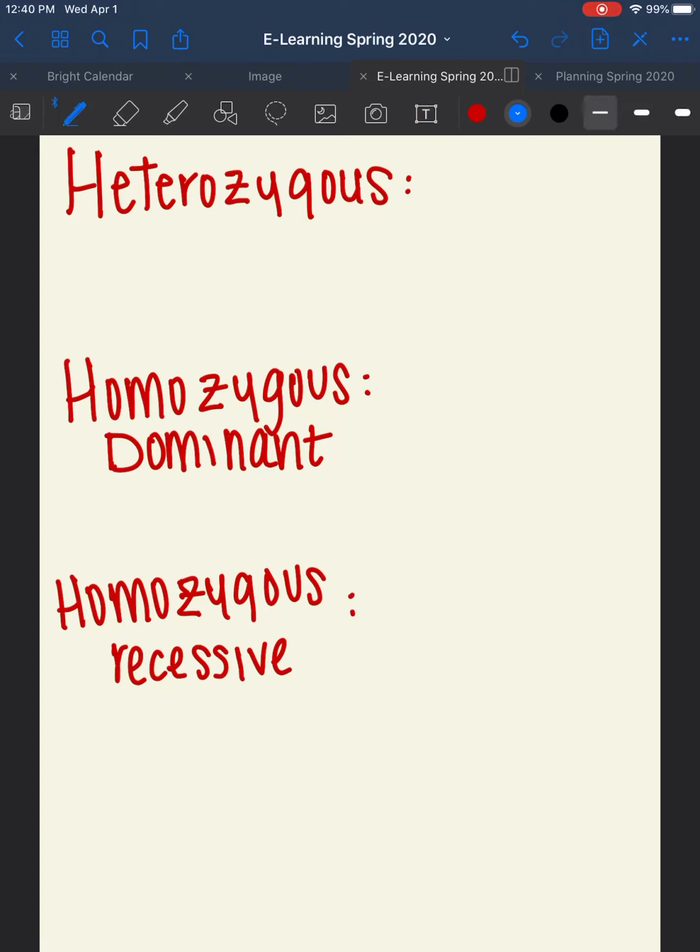Okay, so the first thing that I wanted to review is these three terms: heterozygous, homozygous dominant, and homozygous recessive. The first one is heterozygous. In the previous lecture, we saw that hetero means different.